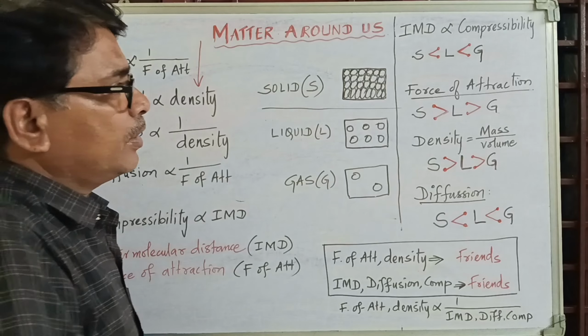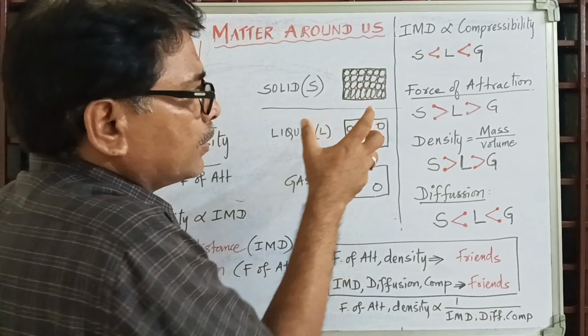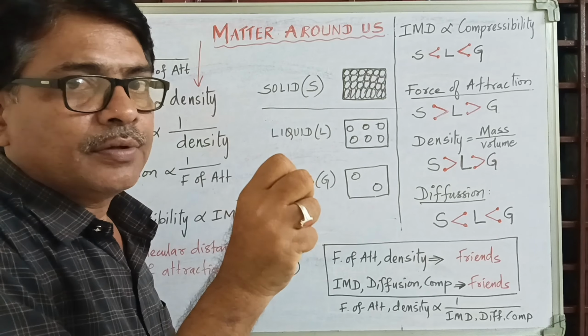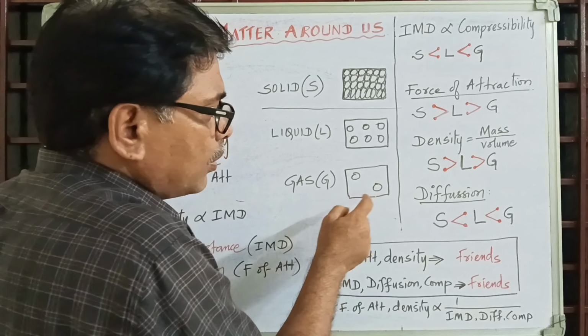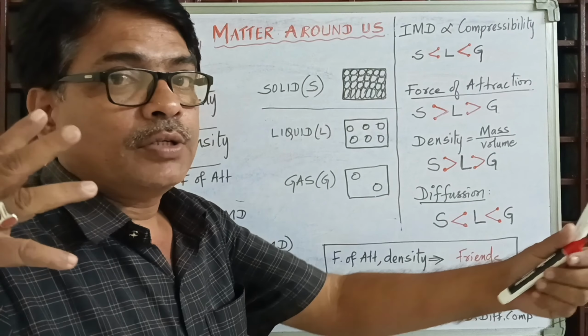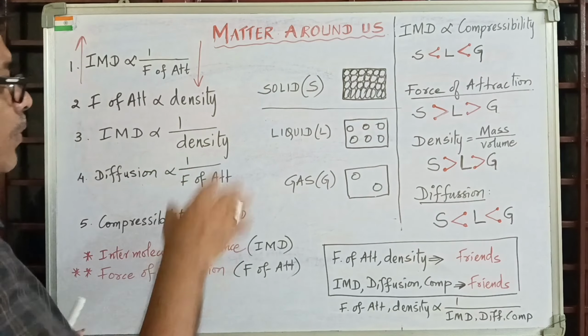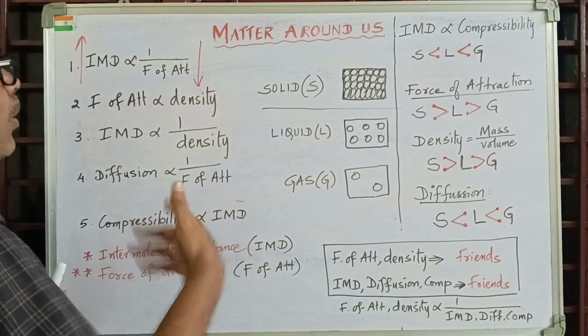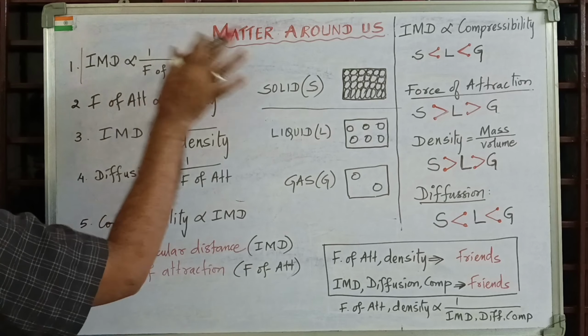Quite natural, isn't it? If the molecules are tightly packed, then they will have force of attraction. Since here there is intermolecular distance and molecules are apart to a long distance, then automatically force of attraction will be less. Quite opposite, in the opposite direction.